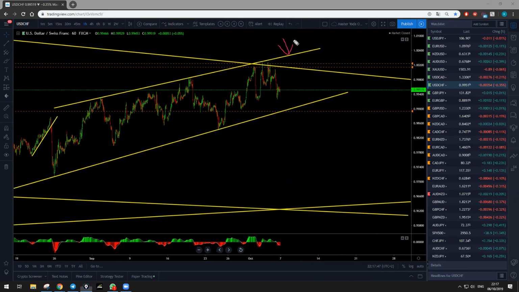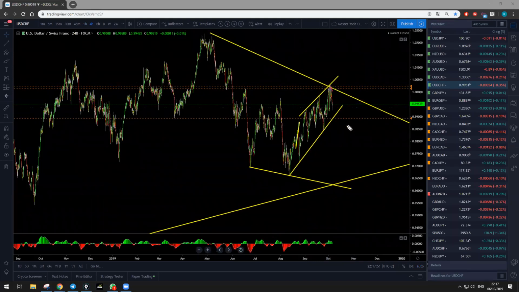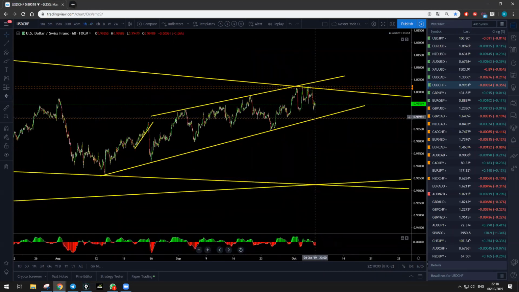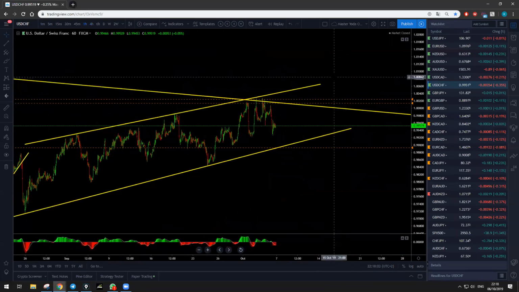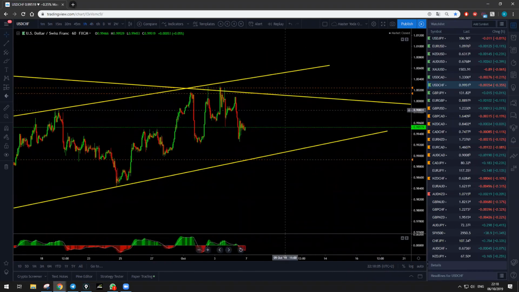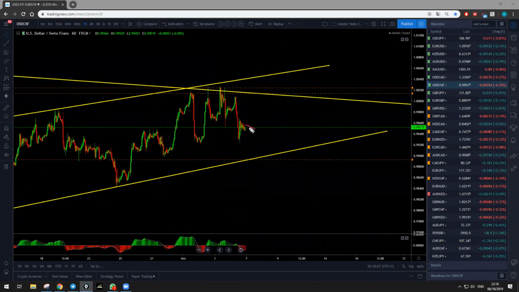From that high I will be a seller again, and my trade will be that one. I anticipate that wave to the downside, so I'm not interested in any buy setups. If you feel comfortable taking the buy, you can, but I do not recommend it. You can take that buy, but when we break that top, take off your profit and start focusing on your sell. So as I said, I will not take that buy.